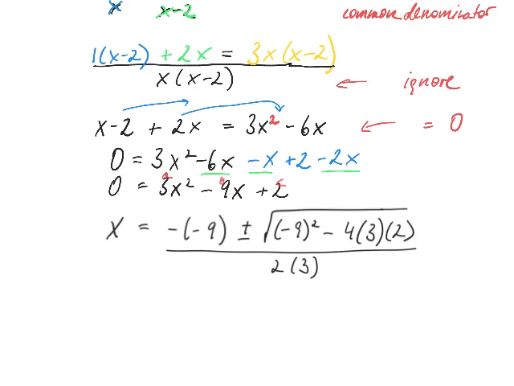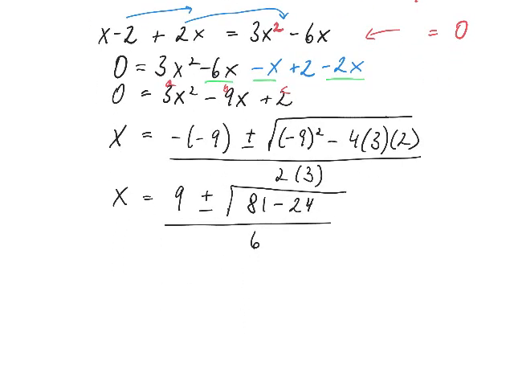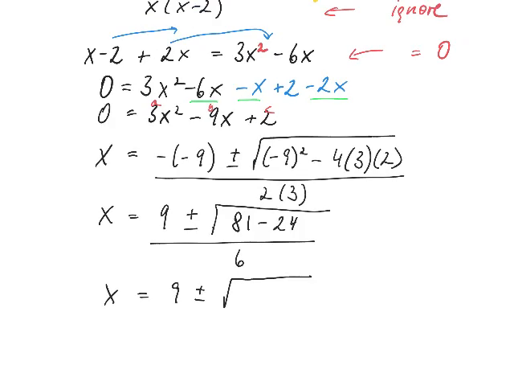Okay, I can put this in the calculator, but let's see, can we solve it like this? So 9 plus minus the root of 81 minus 24 over 6, x equals 9 plus minus the root of 57 over 6.